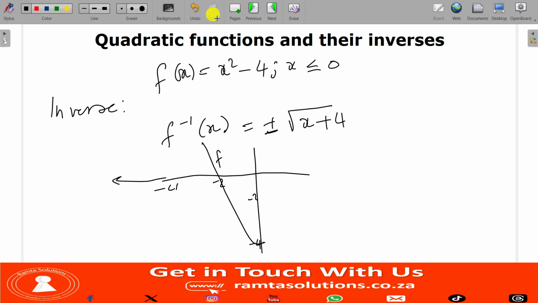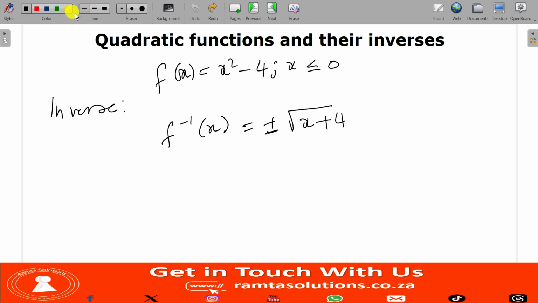This is f. Let me change the colors, otherwise it's going to make the space untidy. So this is -2, -4. If you recall, the original was like this.